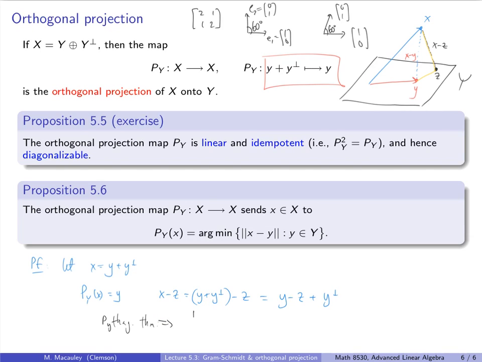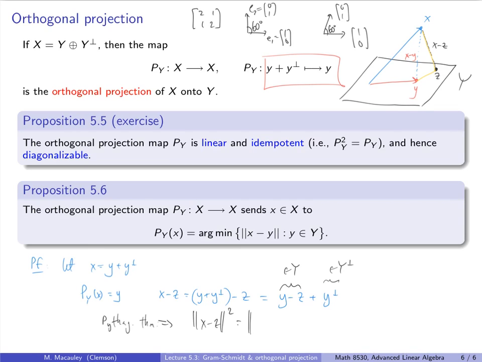says that the norm of x minus z squared, norm of this, is the norm of that. Well, and I guess by the Pythagorean theorem, this is in Y, y minus z. Y perp is in big Y perp.